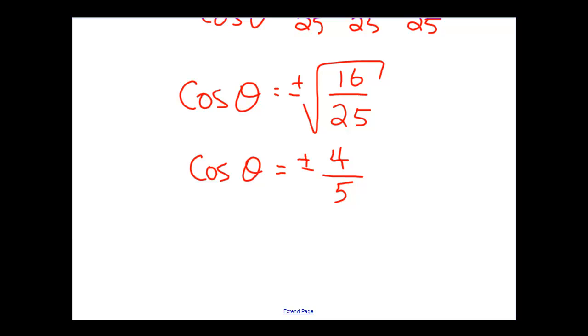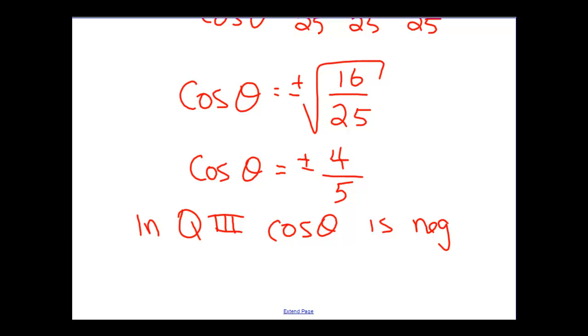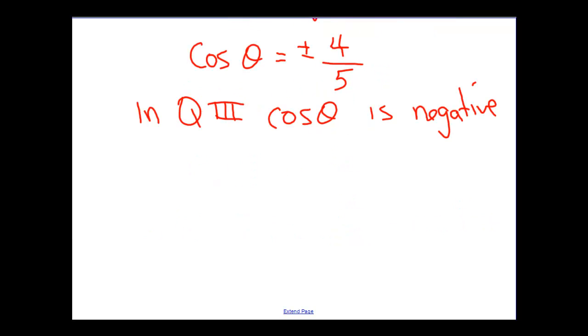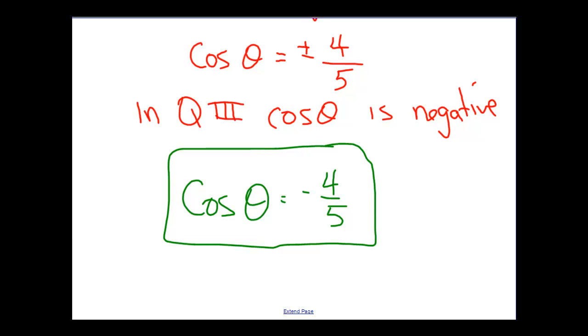The key here is to look at the quadrant, right? In the third quadrant, cosine of theta should be negative. And so what we should be doing here is taking the negative root. So our answer here should be that the cosine of theta is minus 4/5.